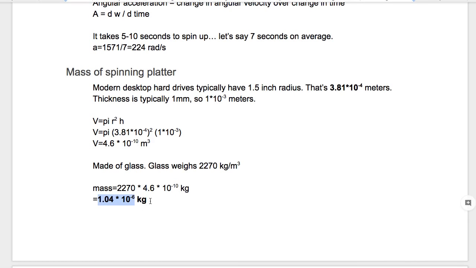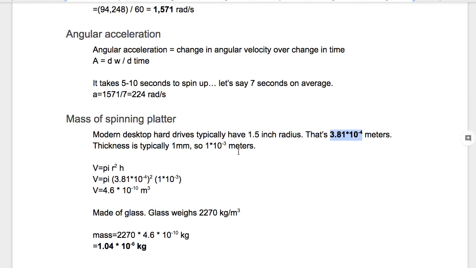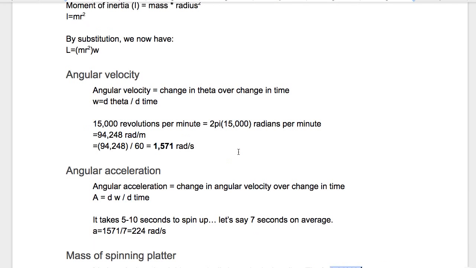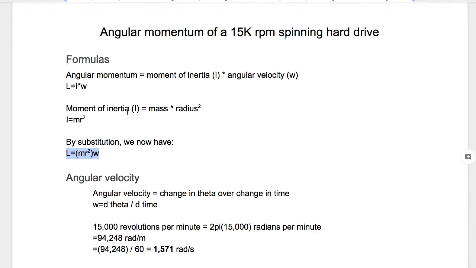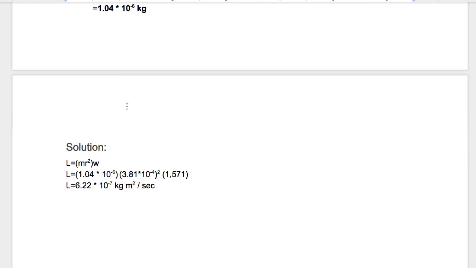So now we've got our mass, we've got our radius in meters, and we've got our angular velocity in radians per second. So we can go ahead and plug all of these in and get our angular momentum.